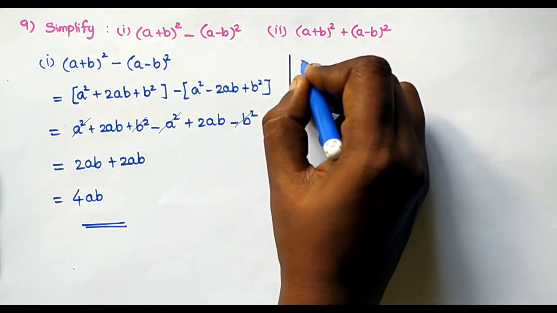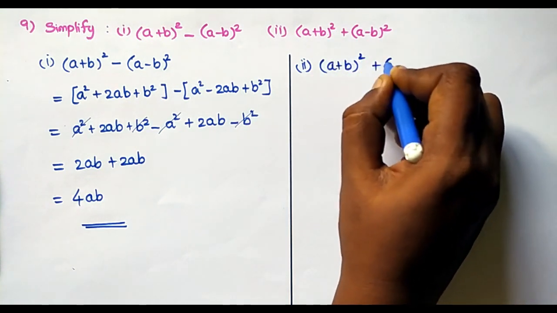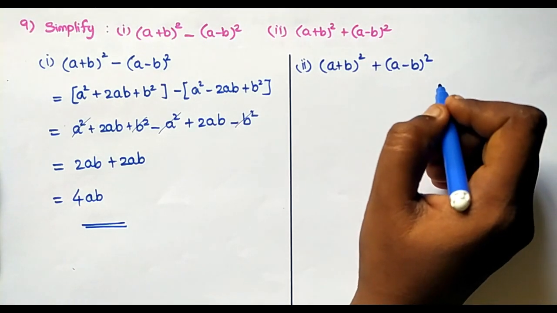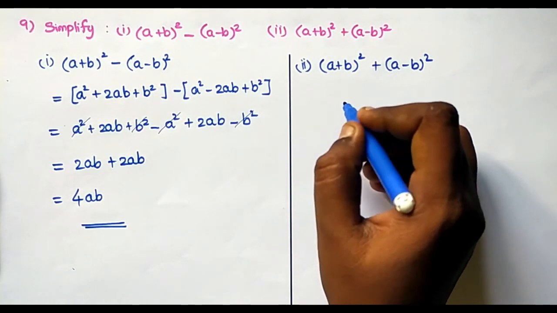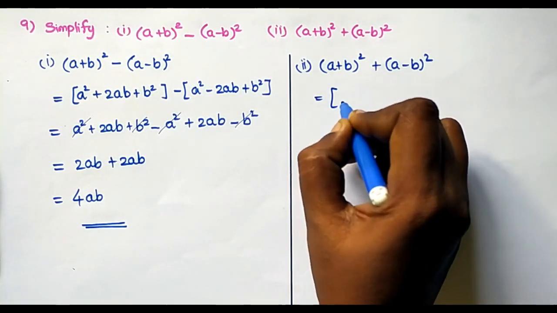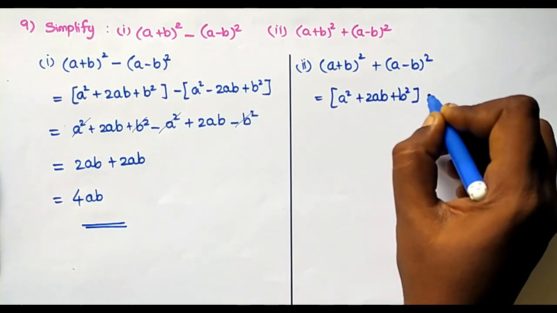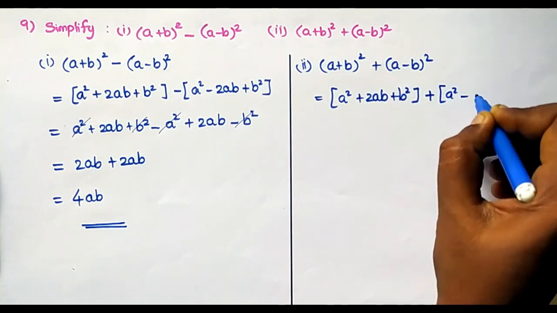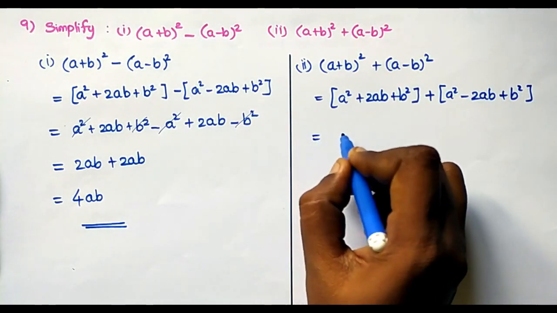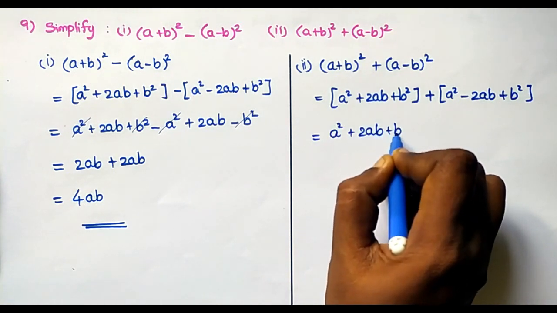Next one, a plus b whole squared plus a minus b whole squared. Now a plus b whole squared, a squared plus 2ab plus b squared, plus a squared minus 2ab plus b squared. Now remove the bracket, a squared plus 2ab plus b squared.